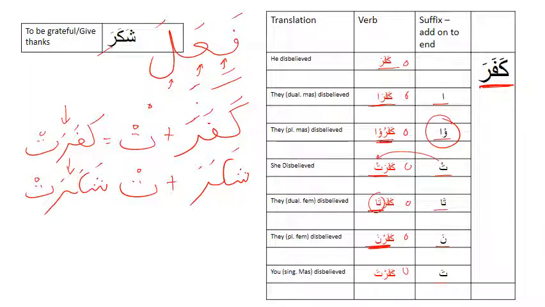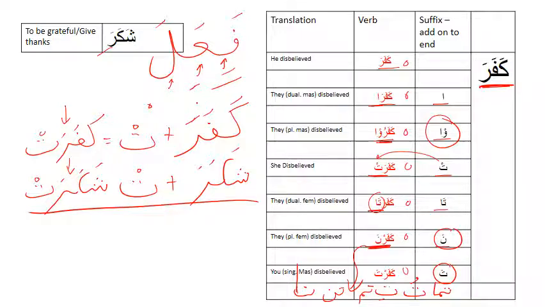And for the rest of the table, which goes down, which I have not put here for the lack of space, all you have to do for kafaruna, kafarta, kafartuma, kafartu, kafarti, kafartum, kafartunna, and kafarna, the rest of the table, is make the lam letter of kafara into a sukun, and then add the suffix, and it becomes kafarna.